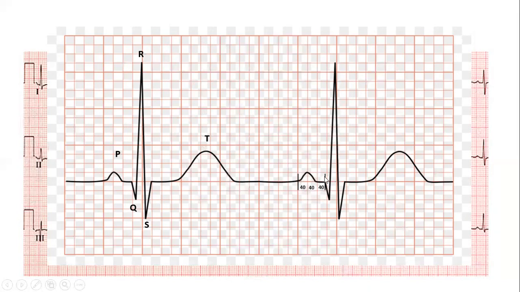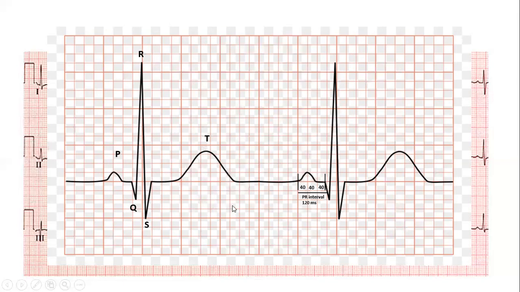I know this is a little bit out, but I just wanted to use whole numbers for teaching purposes. So you have 3 40-millisecond boxes that constitute your PR interval in this case. So your PR interval is 120 milliseconds, which is normal because your PR interval is 120 to 200 milliseconds.